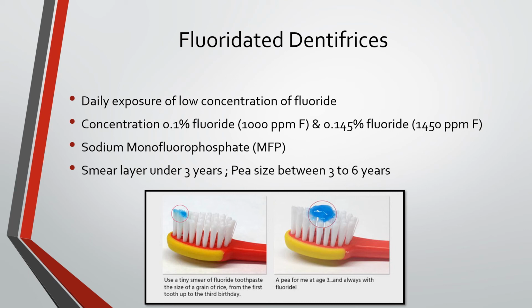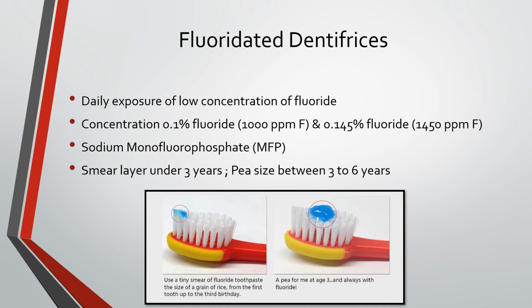So these dentifrices contain up to 1000 parts per million of fluoride or 1450 parts per million of fluoride. So studies have found that anything less than 1000 parts per million is really not effective in prevention of caries.